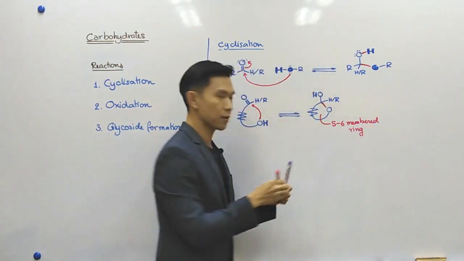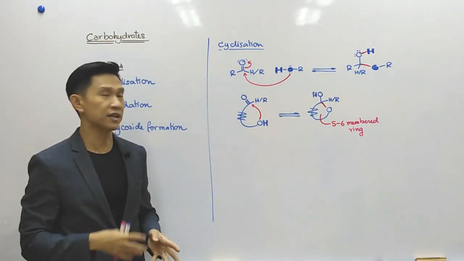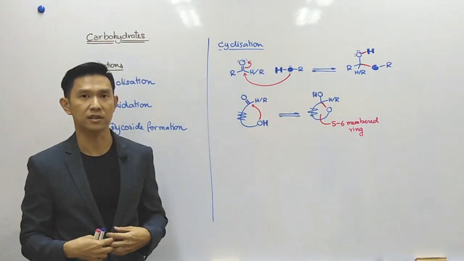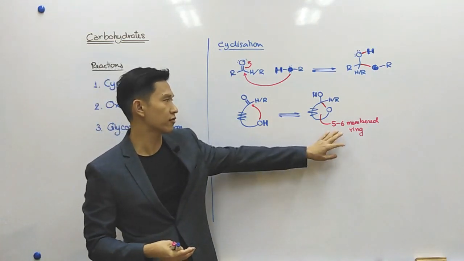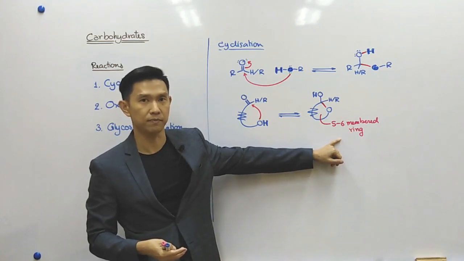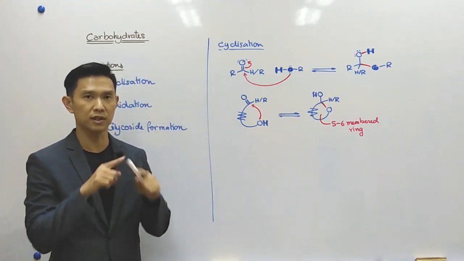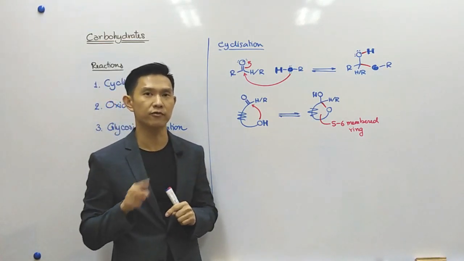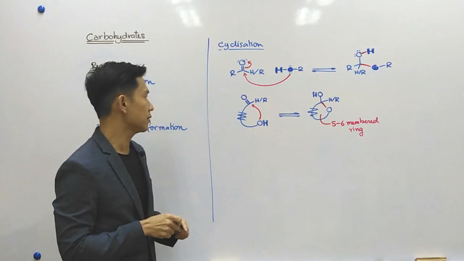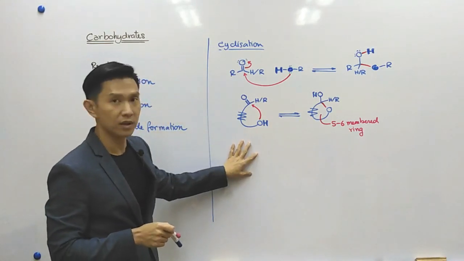So you may end up with a pentagon or hexagon only; no other size of cyclic structure can be seen in nature. They are predominantly 5-membered and 6-membered rings. This is why we draw the structure of glucose as a hexagon and the structure of fructose as a pentagon. Okay, so that's it. This is cyclization.